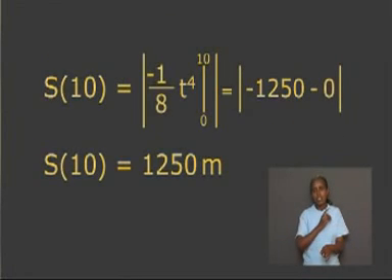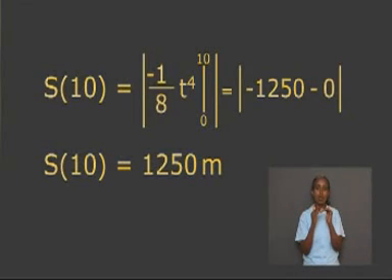Finally, the distance traveled at t equal to 10 seconds is evaluated as the integral from 0 up to 10 of v of t. This is equal to 1,250. If that was your answer, you are showing real aptitude for determining the movements of particles in motion. Great work! That is all for this lesson, students.